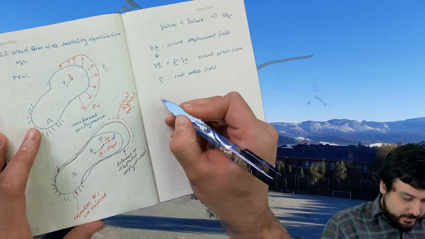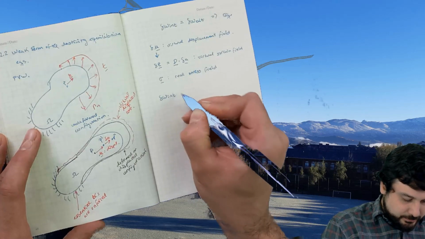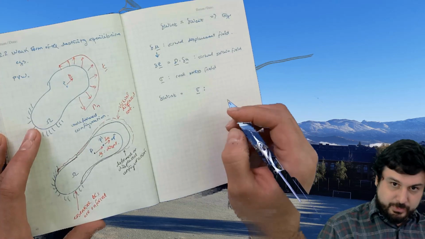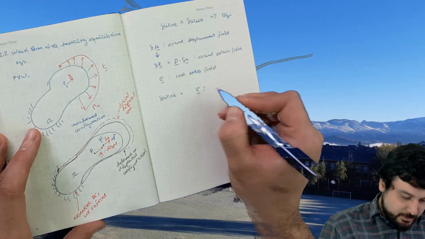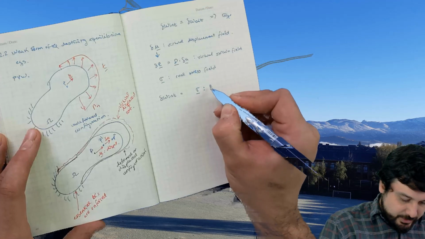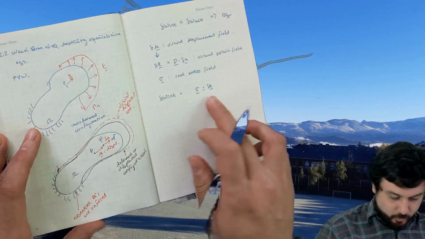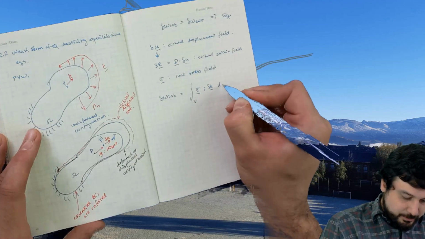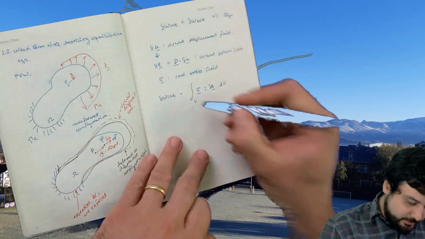So the internal virtual work is the real stresses, internal tensor product, with the virtual strains, and that for the whole body. Sorry, I'm using a V here.